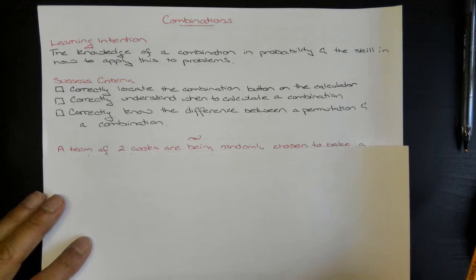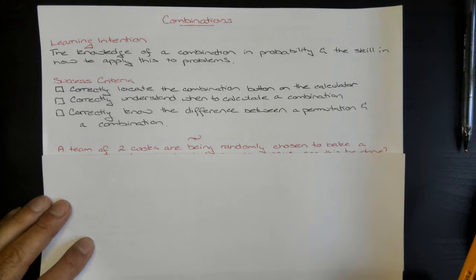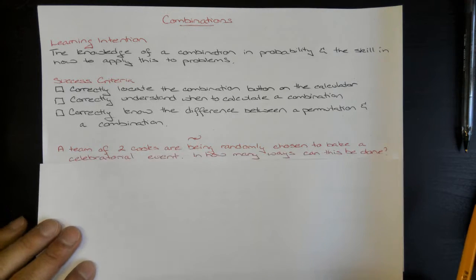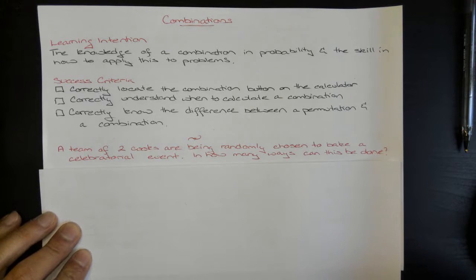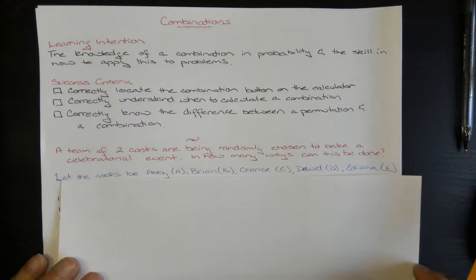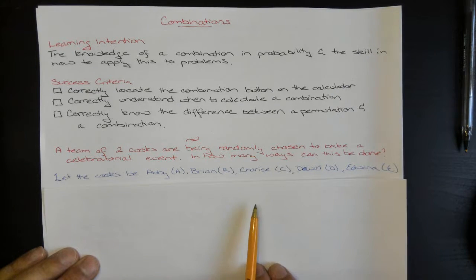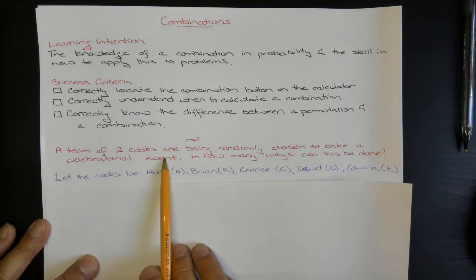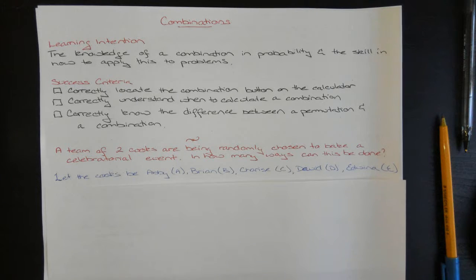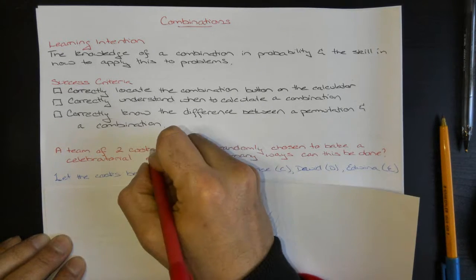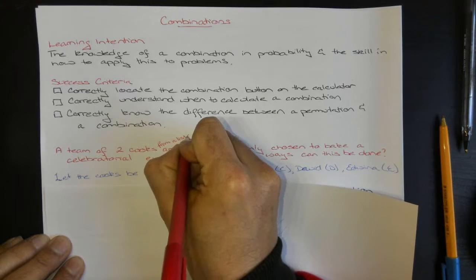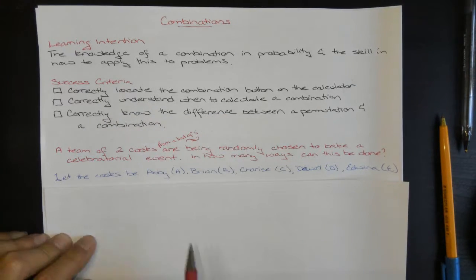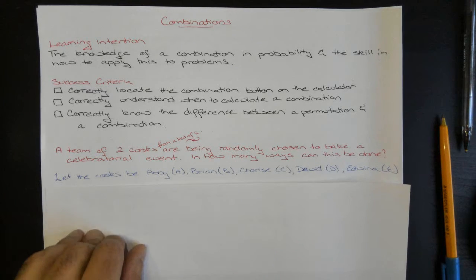Okay, so let's imagine that we have a team of 2 cooks being chosen randomly to bake a cake. How many ways can this be done? So let the cooks be Abby and Brian. So a team of 2 cooks from 5, that should say, 2 cooks from a list of 5, being randomly chosen to bake a celebratory event.